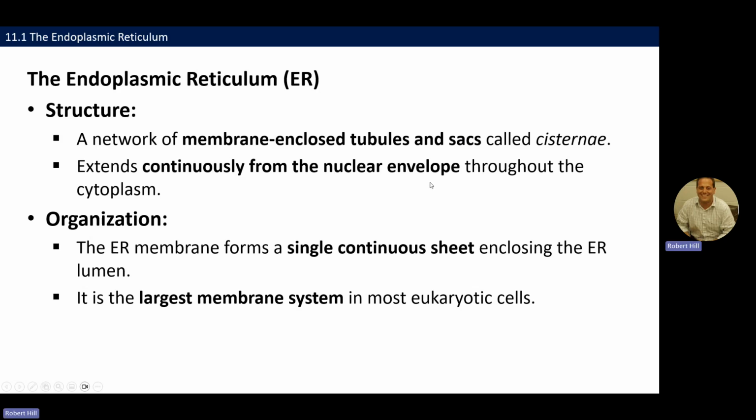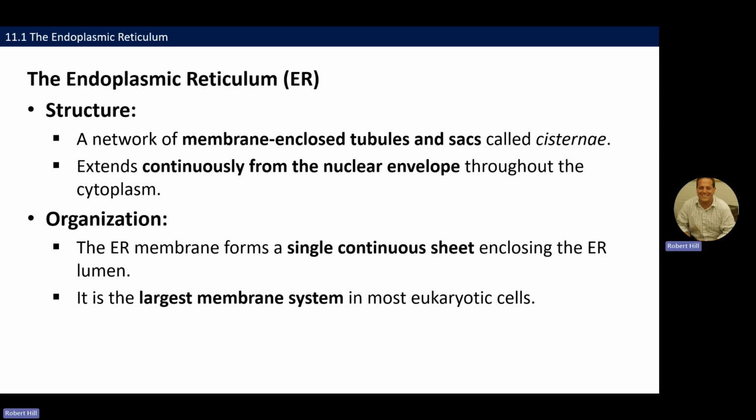Okay, so it's a network. The ER is a network of these membranes. The inside of the ER is called the lumen, and it looks like these membranous sacs, which we call cisternae, and they extend as part of the nuclear envelope.